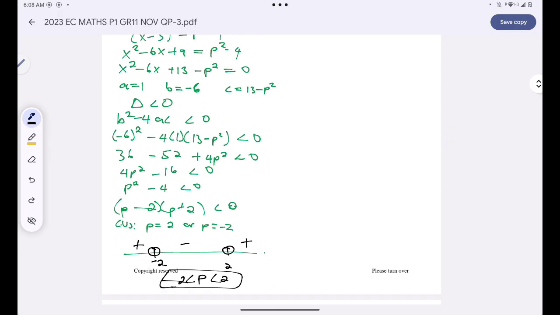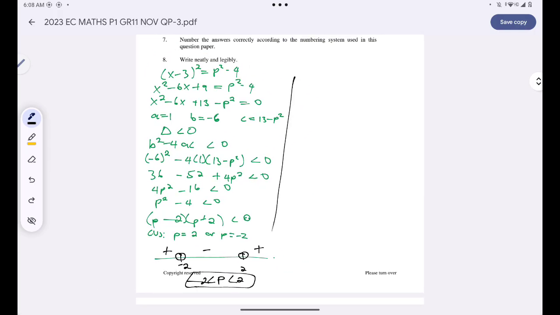Now, guys, the other way you could have done this: we have x minus 3 squared equal to p squared minus 4. We have something that is squared, and that thing is equal to p squared minus 4. We know that for anything which is squared, its value has to be always greater than or equal to 0 for it to be real.